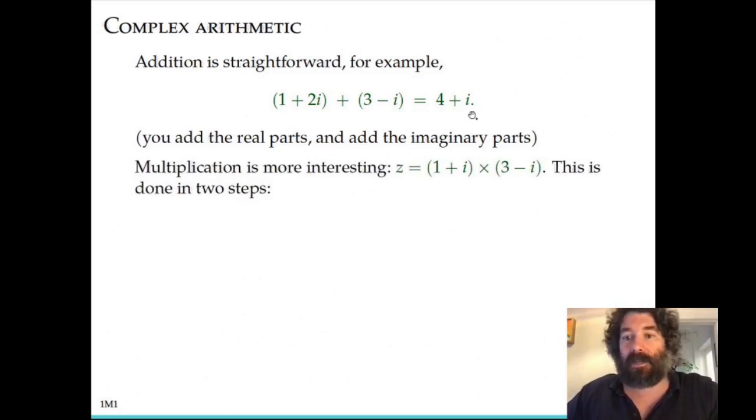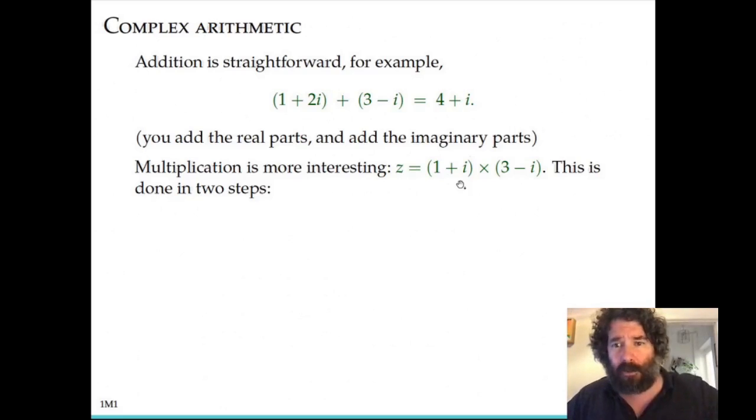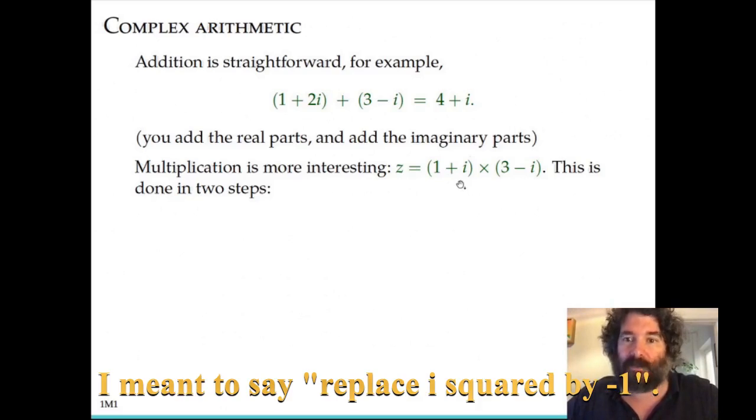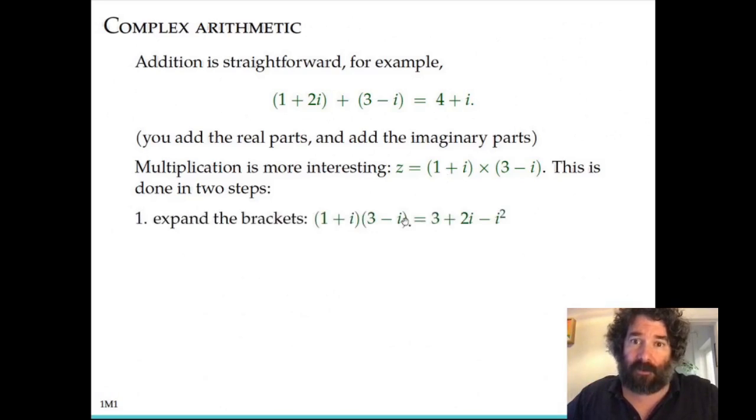Okay, what about multiplication? This gets a little bit more complicated, but the idea is still you simply multiply out the two complex numbers using the distributive law, as you understand it, treating i like it was a variable in a polynomial equation, and then you just replace i squared by -1 wherever you see it. So let's do this for this example.